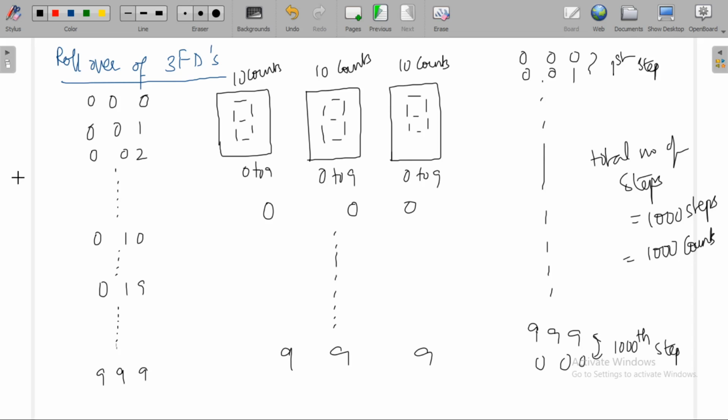Total number of counts will be 10 to the power of 3. In general, 10 to the power of n, where n is equal to the number of full digits. Here you are going to have 3 full digits, so n will be 3, 10 to the power of 3. Total number of steps will be 10 to the power of n.